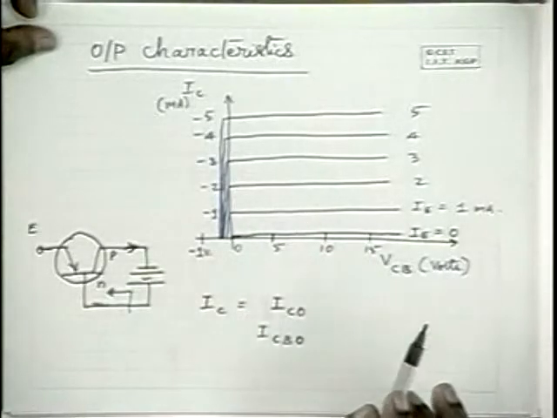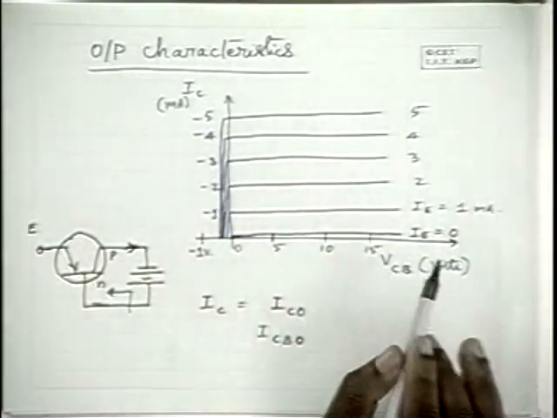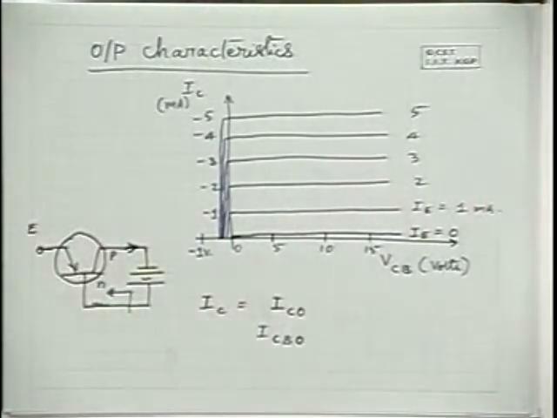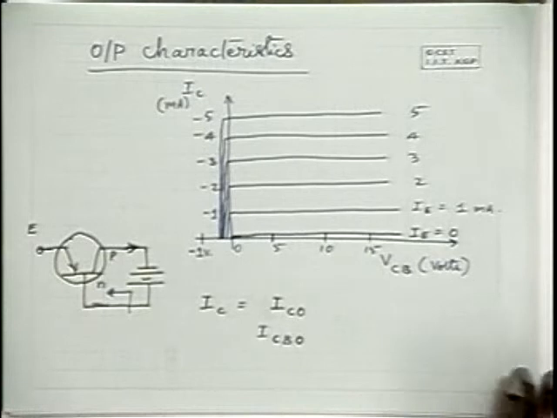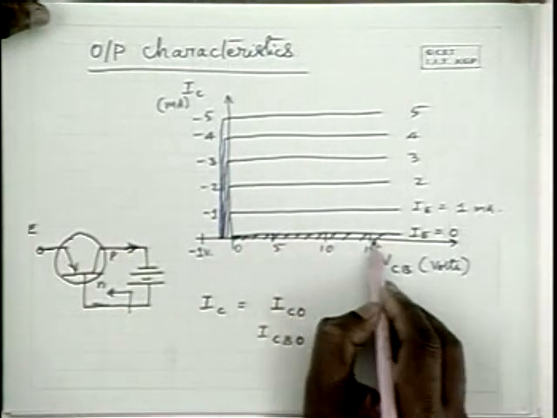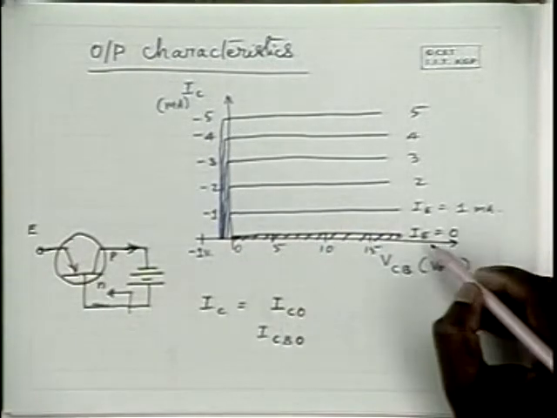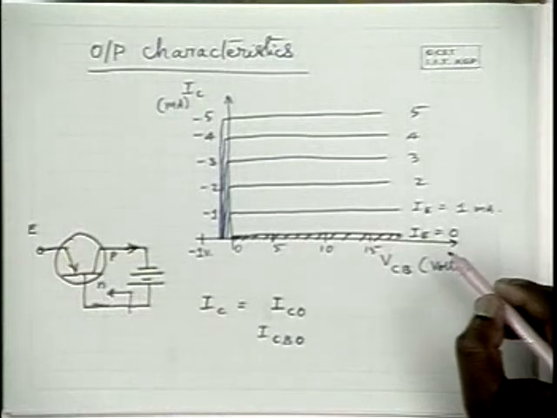I would like to recall the common base configuration. I didn't discuss what is the saturation region and what is the cutoff region, so let me point out which region is cutoff and which is saturation over here. Extending the same argument of the common emitter amplifier, please note that this is the cutoff region in the case of common base characteristics, because the emitter current is 0 here, and collector current is also almost 0.